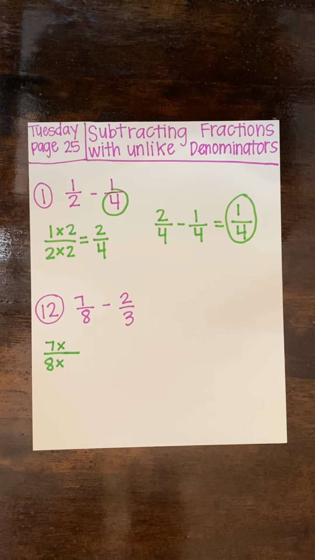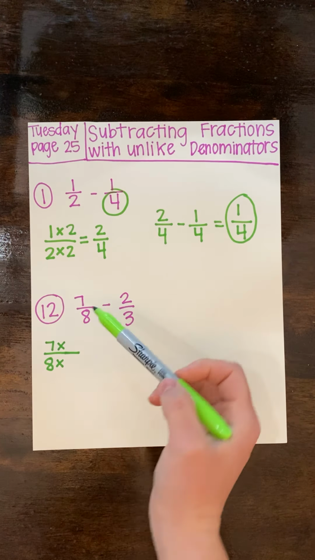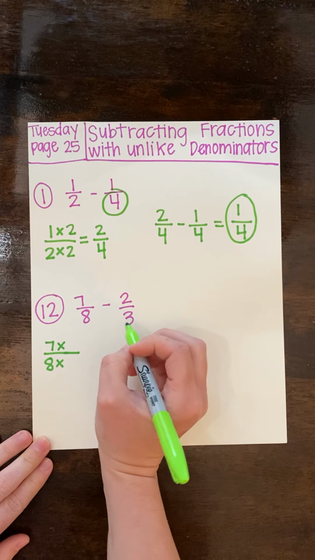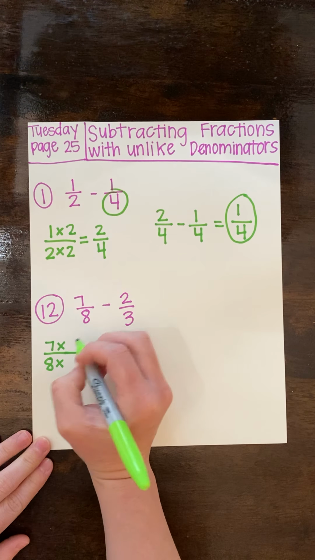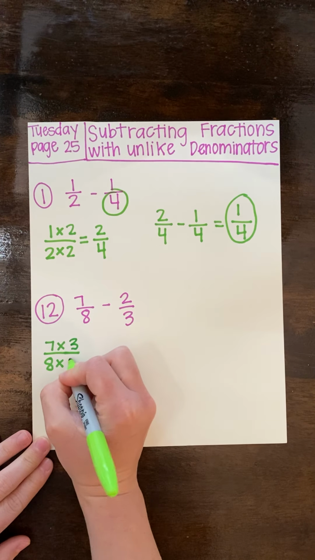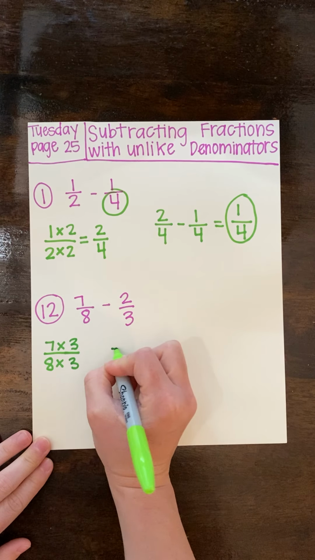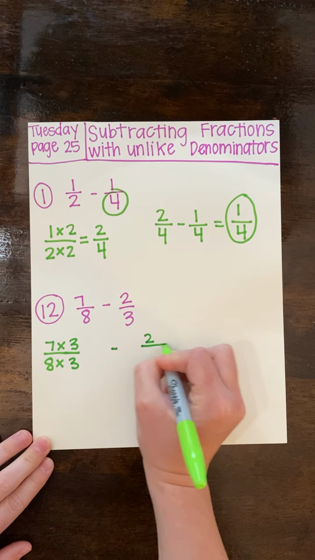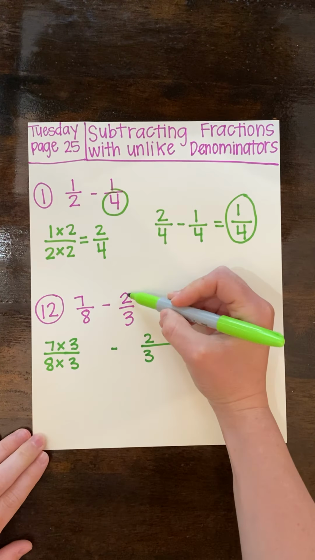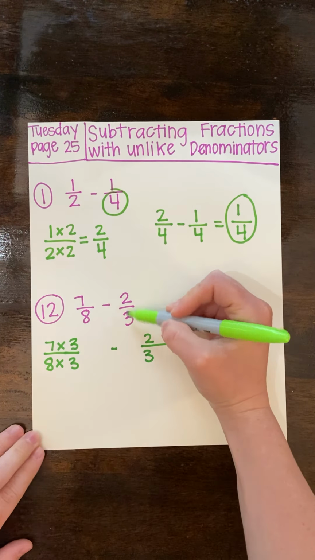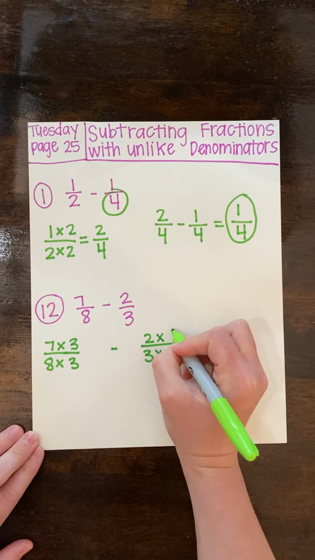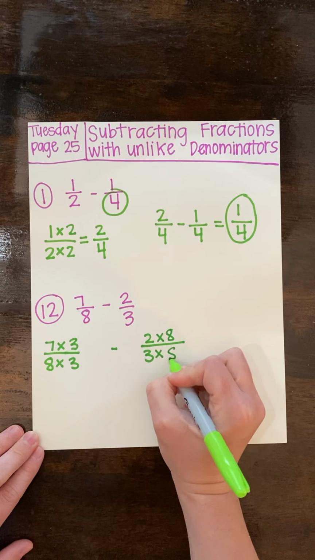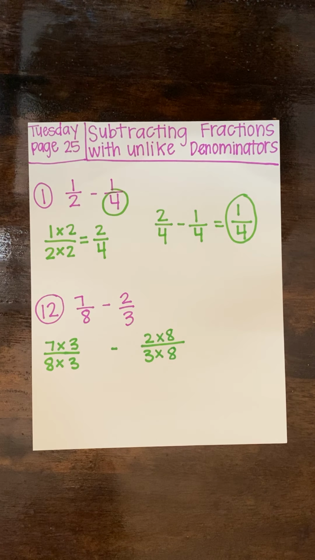I'm going to multiply both the numerator and denominator by the other number's denominator. So I'm going to multiply both the 7 and the 8 times 3 and subtract that from 2/3. Multiply the 2/3 times the other number's denominator, which is 8, and that's going to give us the same denominator.